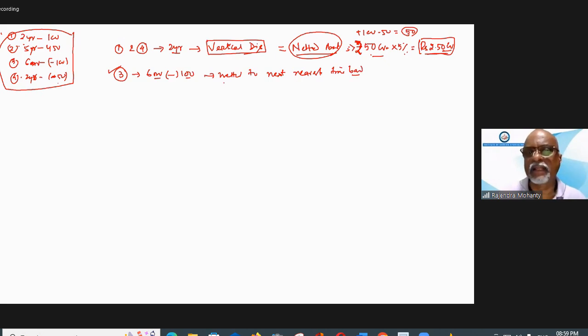This amount of capital has to be netted with the next nearest time band which is available. So the next nearest time band is 2 years. After 6 months, 2 years, the lengthiest one is 5 years. So which is the 2 year time band. For the 2 year time band, we have already netted the same with the long position of this 50 crore. Already we have this 50 crore.